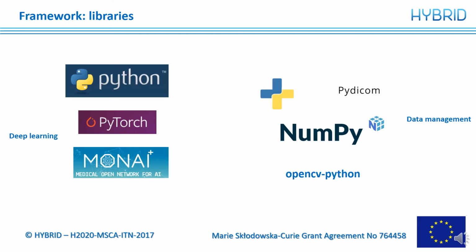Talking in more detail about the framework for this implementation, we work with languages and libraries that are open access. In particular, we use Python, and PyTorch and MONAI for deep learning libraries, and PyTorch, MONAI and OpenCV for data management.